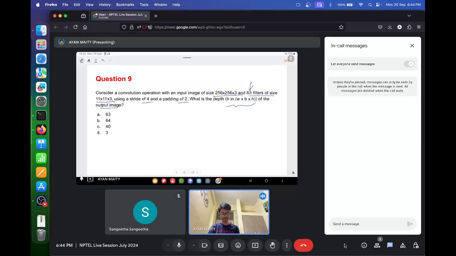So there are 63 filters that are used for this convolution operation. So the depth of the output image should always be 63, irrespective of the size of the image, size of the filter, stride or padding. So the depth is 63 as 63 filters are used.